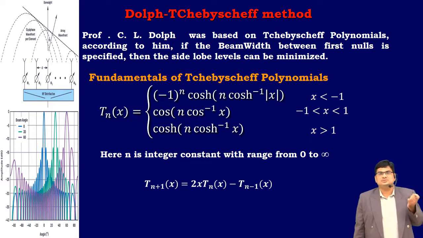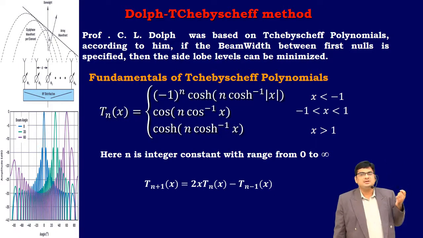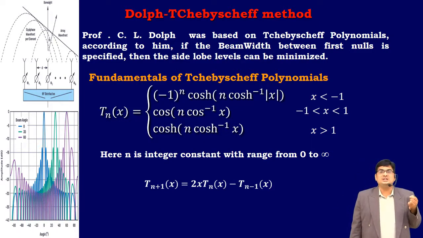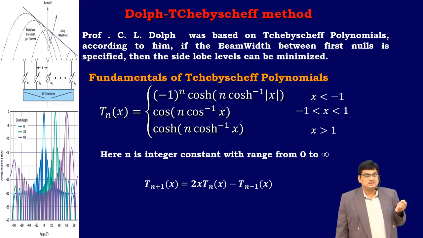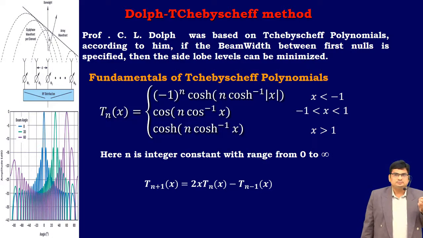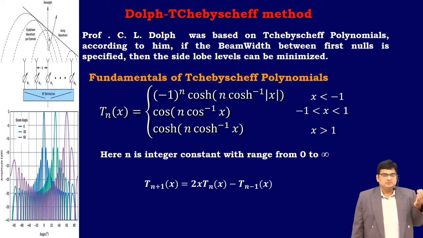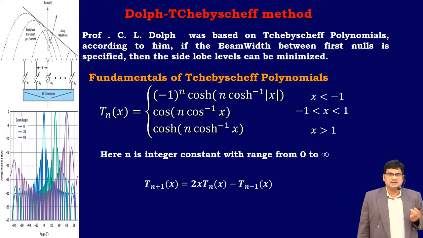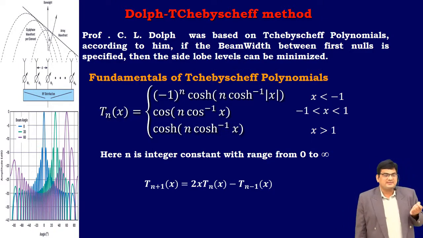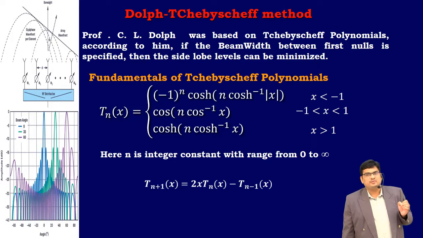How do we find this radiation pattern? By specifying the nulls between the side lobe levels. How do we find the Chebyshev polynomials? There are two formulas. Tn of x is equal to cos of n cos inverse x.